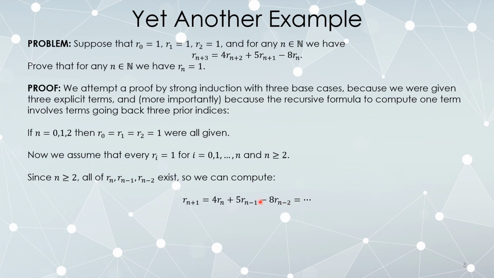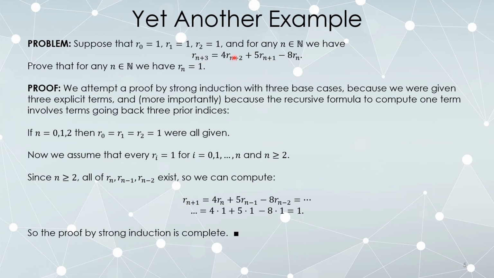It's the same formula. Now, since we assumed all of these are equal to 1, this is 4 times 1, 5 times 1, 8 times 1, 4 plus 5 minus 8, that's just 1. So having assumed that 3 consecutive terms satisfy the desired formula, the next one must as well. That concludes the proof by strong induction.